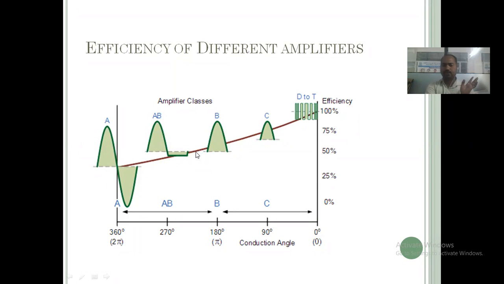Increase. Okay. So as we change from class A to class D2T, there should be an increase in efficiency. So that's why for applications where we require less noise, that is higher efficiency, in that case we have to use the D2T type of amplifier.